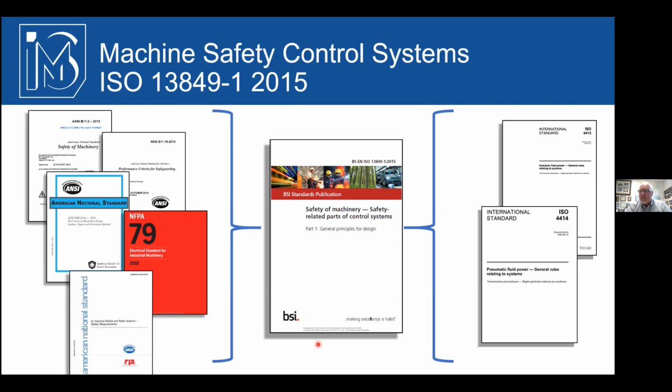If we're using hydraulics or pneumatics as actuators, it doesn't apply. There's no means of it. But ISO 13849 covers hydraulics and pneumatics as well as the electrical and electronics, and it gets a little more detailed in terms of the design criteria it takes.